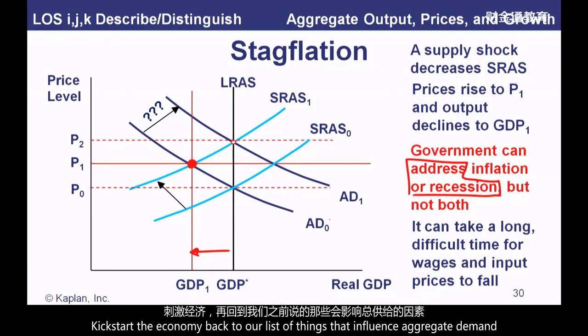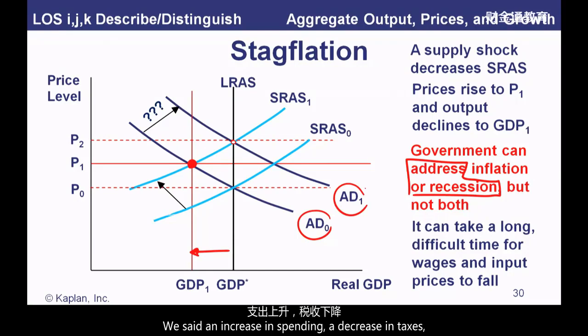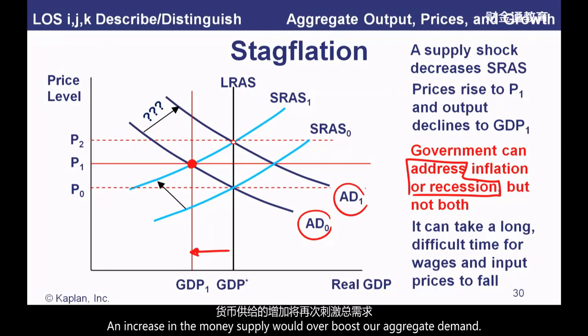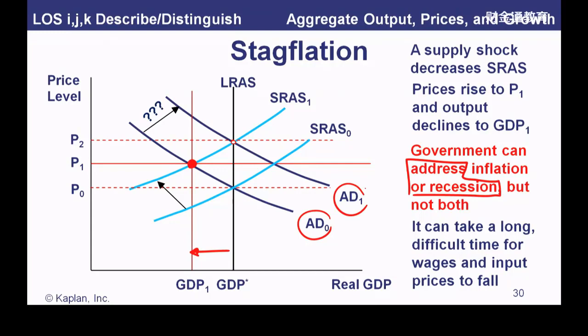Back to our list of things that influence aggregate demand. We said an increase in government spending, a decrease in taxes, an increase in the money supply would all boost aggregate demand. So the government could choose to do that.